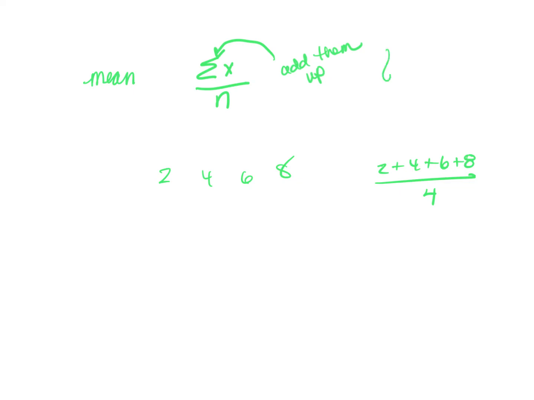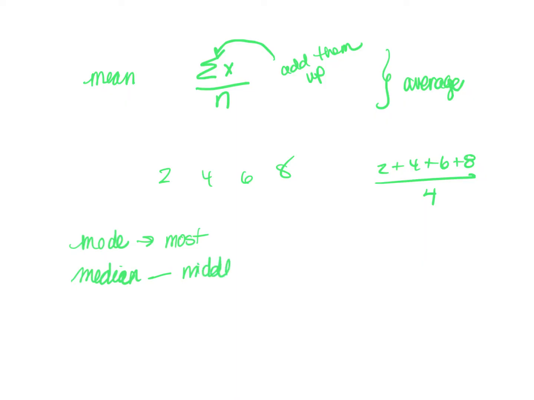Commonly known as the average, something we are all pretty familiar with. The mode is the thing that happens the most. And the median is either the middle point or the average of the two middle points.